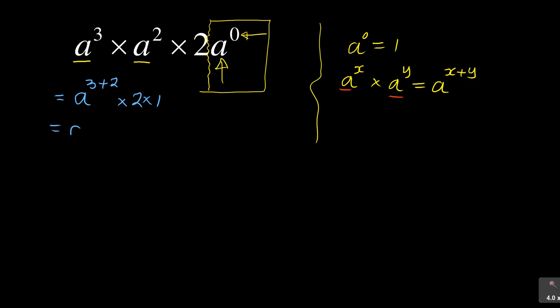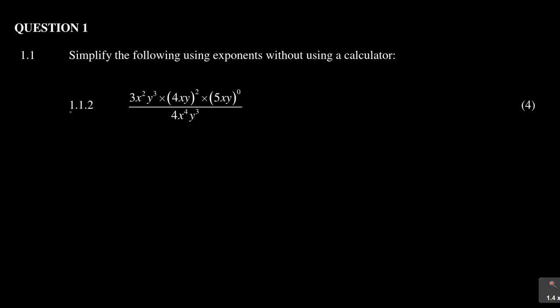Then this becomes a to the power of 3 plus 2, which is 5, and 2 times 1 is 2. So this becomes 2a to the power of 5. That is how you are going to get your 2 marks for that part. It wasn't a difficult question. It was just a simple question that you needed to follow through using your laws of exponents.